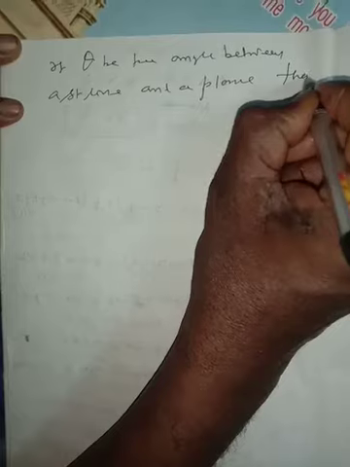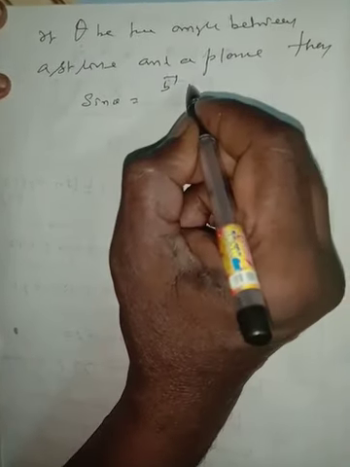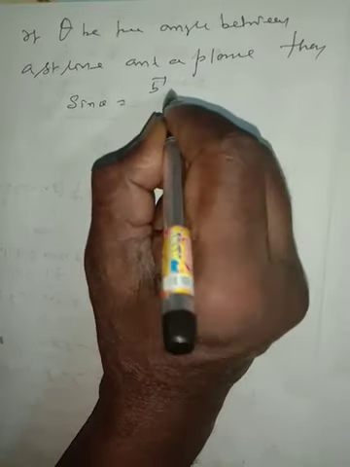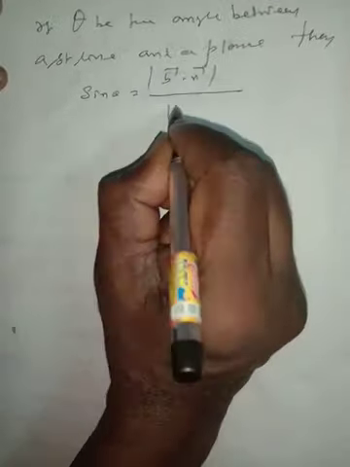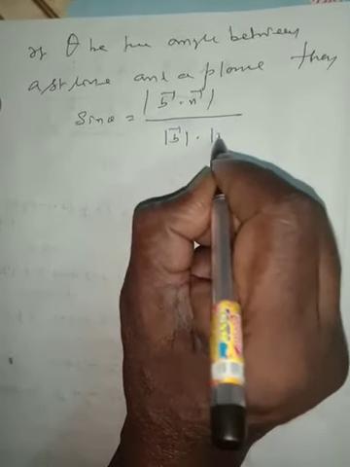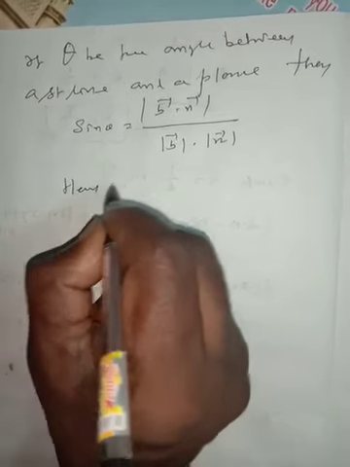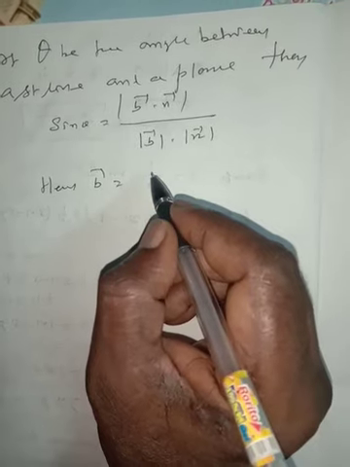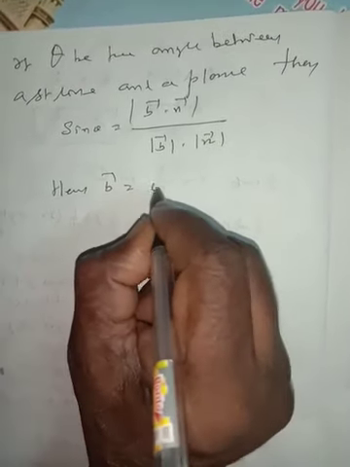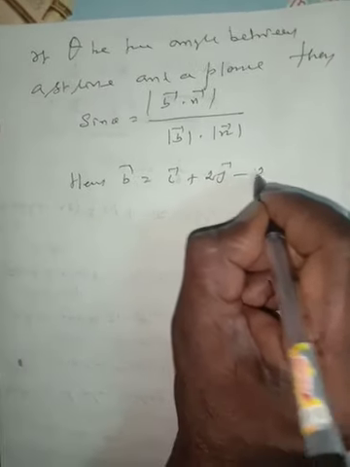Then sin theta is equal to b vector dot n vector divided by magnitude of b vector times magnitude of n vector. Here b vector is equal to, in this case, i vector plus 2j vector minus 2k vector.